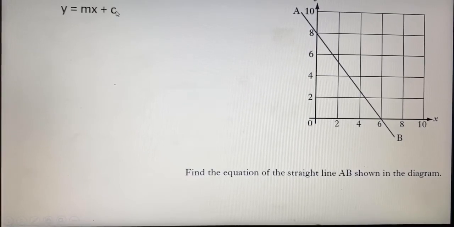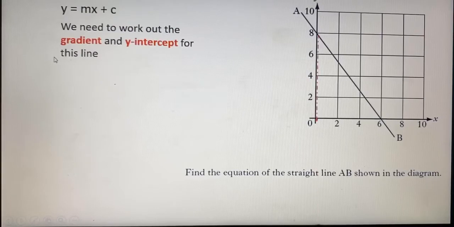Okay, so y equals mx plus c, always good to start with that because that tells us exactly what it is that we need to find. We need to find our gradient m and our y-intercept c. To find m, we are looking at our vertical, so it's going down, and this is what tells us it's negative as well. We're going from 8 down to 0, and then we're going along 6 spaces.